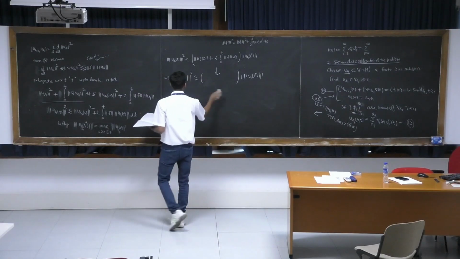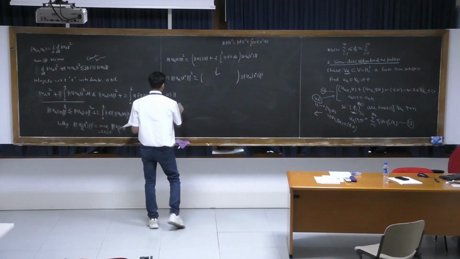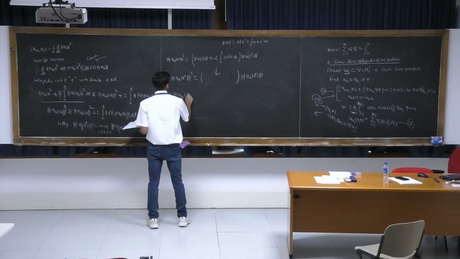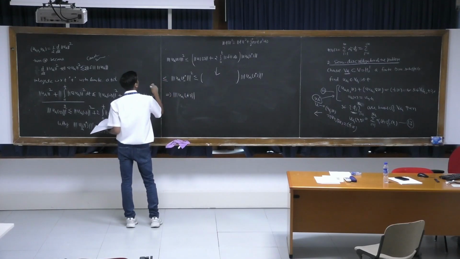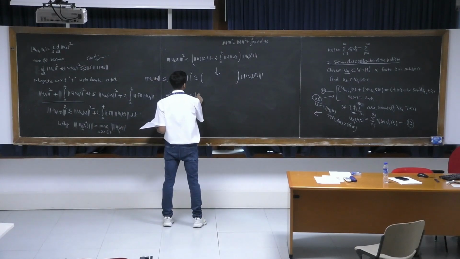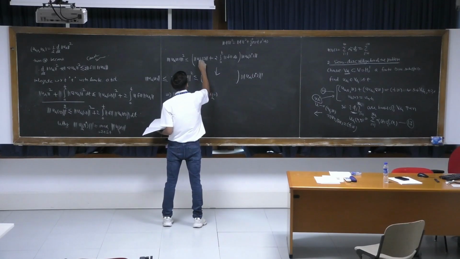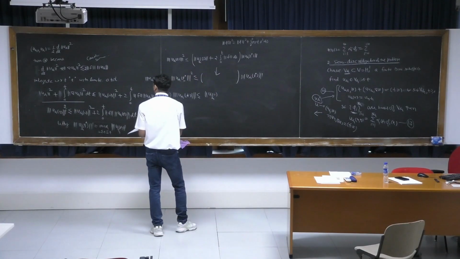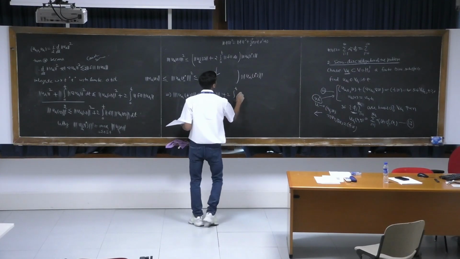Now one is cancelled out, so this implies the energy norm of UH at T is, because obviously this was the maximum, greater than or equal to the energy norm for all T. So this is bounded by the norm of UH0, plus twice the integral 0 to T of the norm of F(s) ds.